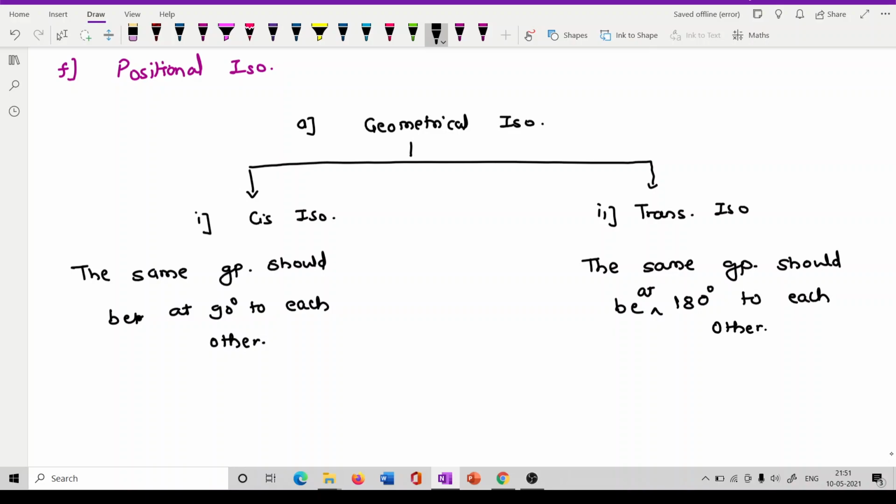That is very important. These are the basic conditions in the case of geometrical isomerism.